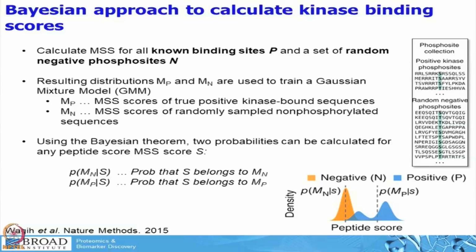Then, for a given peptide that you measured, you get a score which is maybe here, and using Bayesian theory, we can calculate the probability whether this score is more likely to be derived from that distribution or from that distribution. That's the entire concept.